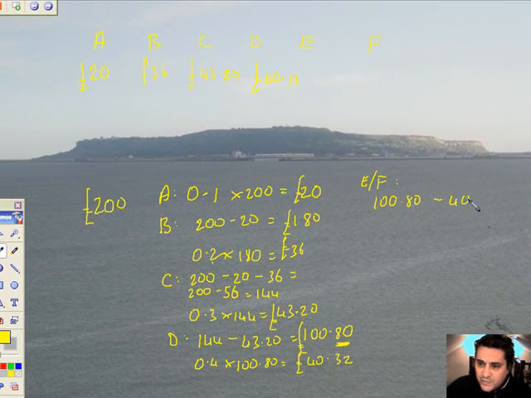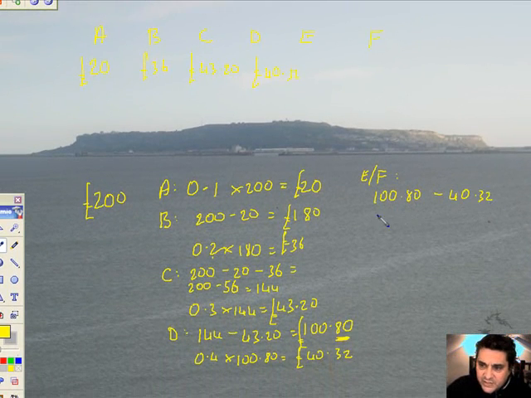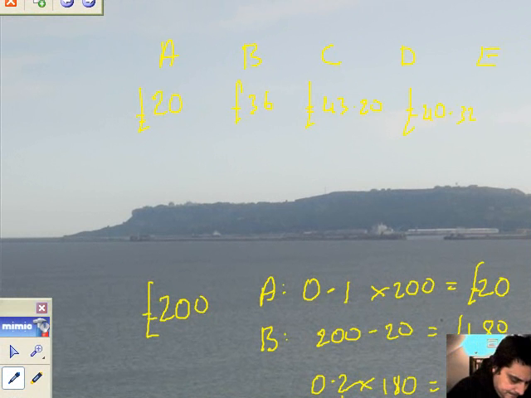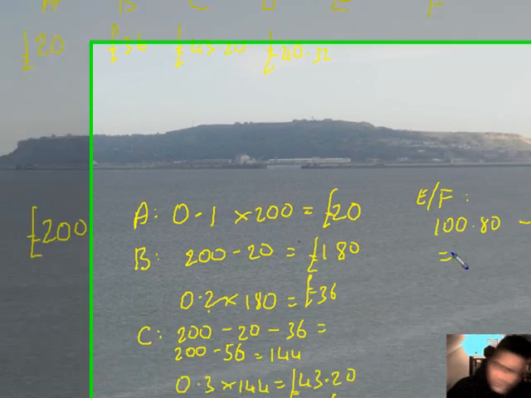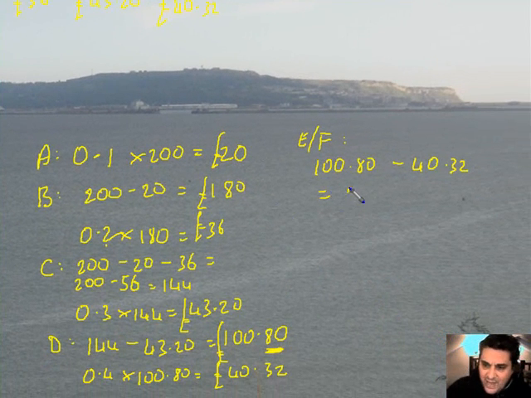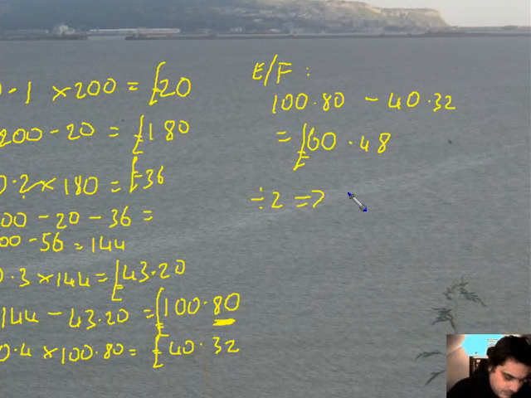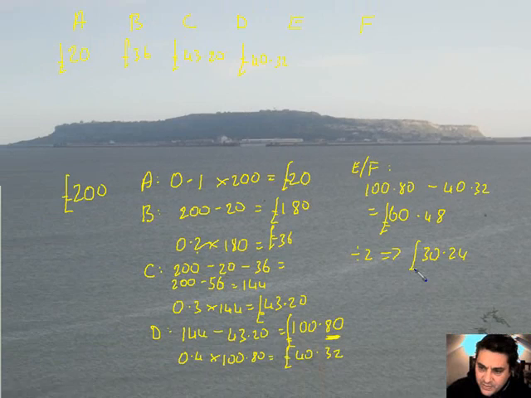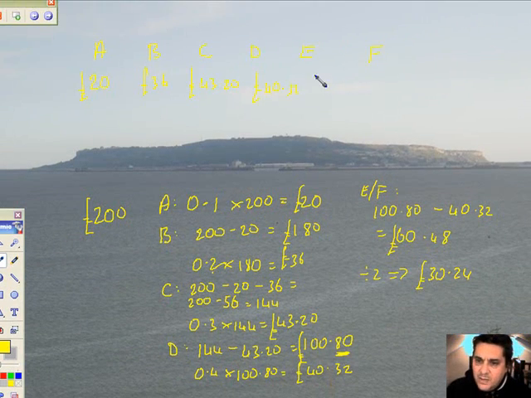He takes away his £40 and 32, so 100.8 take away 40.32, leaving us with £60 and 48p. Now Emma and Fergus are going to share it, therefore we divide by 2, and that will give us £30 and 24p each.